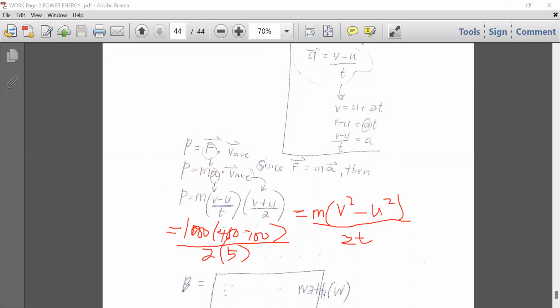Divided by 10, you have 30,000 watts. You're left with power equal to 30,000 watts. That is the answer. After 5 seconds, 30,000 watts is expended by the truck.